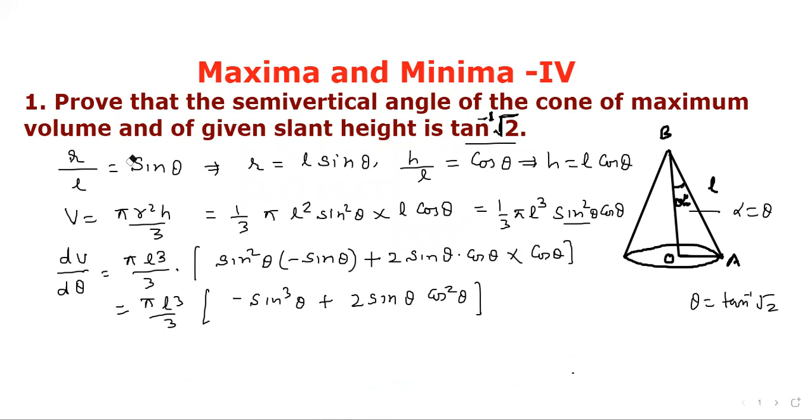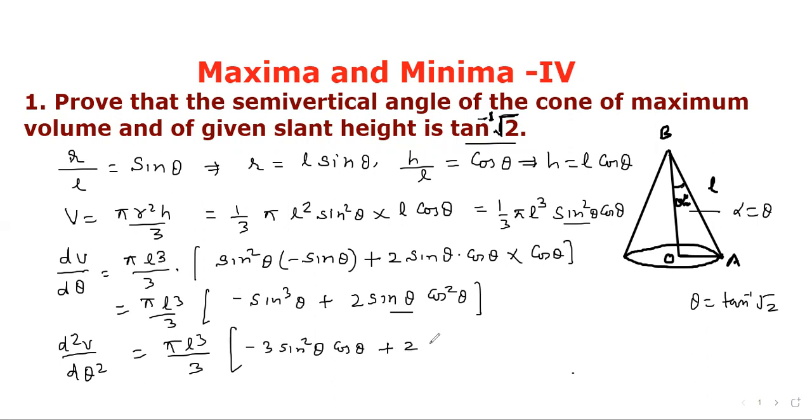If we differentiate dV upon d theta, so d2V by d theta square equal to pi L cube by 3, and this will become minus 3 sine square theta times cos theta, plus this will become 2.